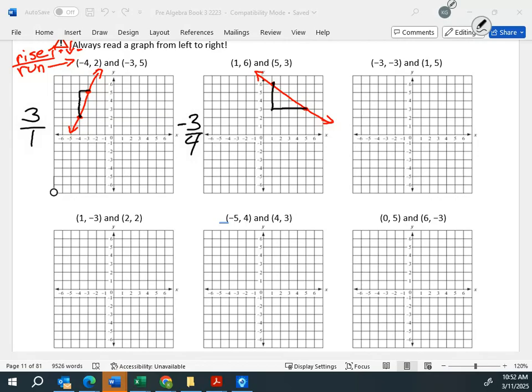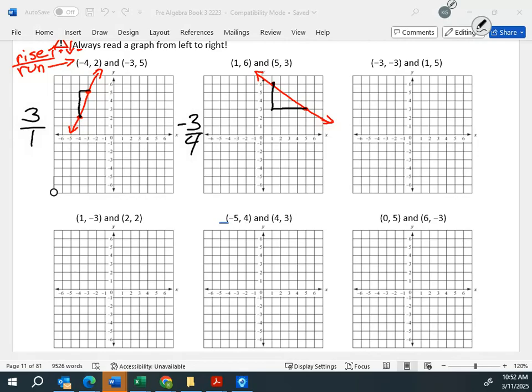Both of these slopes are already as simple as it gets. If you come to a slope that needs to be simplified, you must simplify it or it will be wrong. So remember, if you're going down, it's a negative. Remember to simplify. Always, always, always go up or down and then to the right.